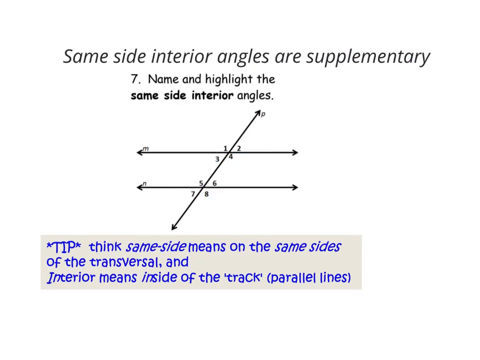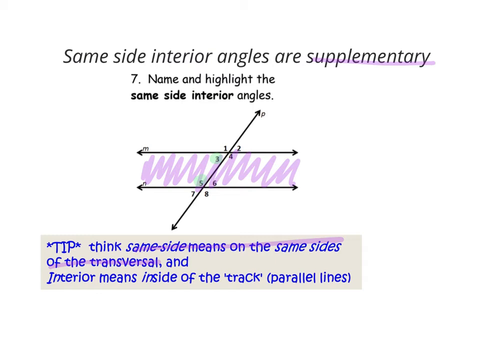Next, we're going to look at same side interior angles. So same side means that they're on the same side of the transversal. So they're on the left side or they're on the right side. Interior means inside the parallel lines. Same side interior angles are supplementary, meaning they make 180 degrees. So angles 3 and 5 would be same side interior.